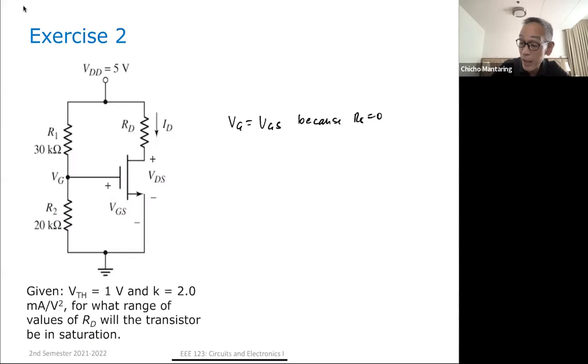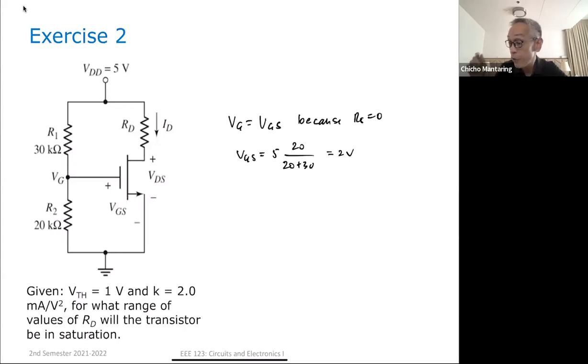So madali mo ma-compute for VG. Voltage divider dito. So VGS is just now 5 times 20 over 20 plus 30, which is still 2 volts.